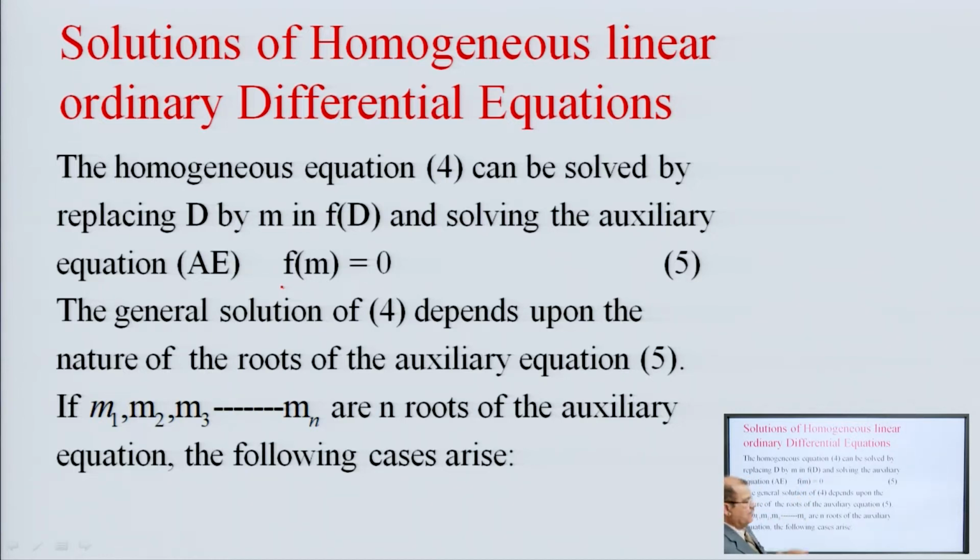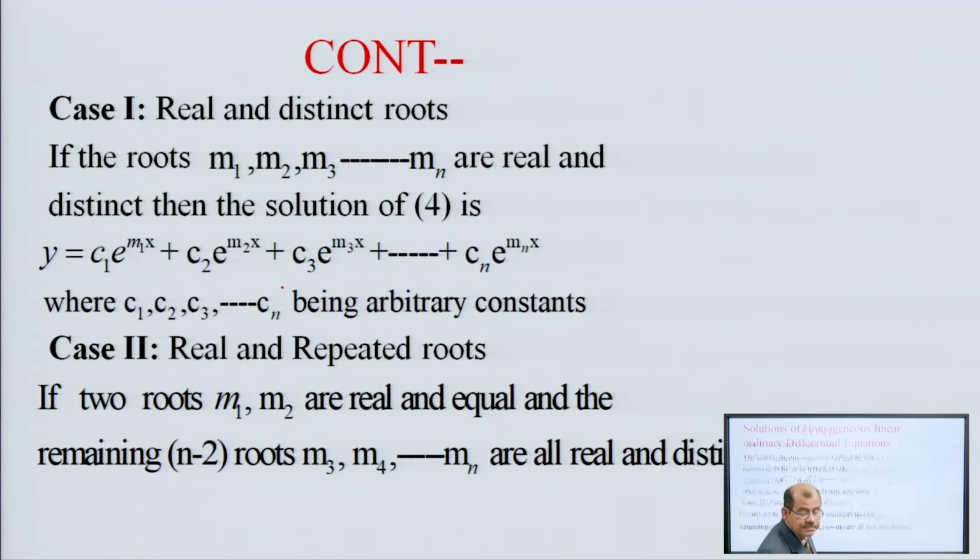The general solution of 4 depends upon the nature of the roots of the auxiliary equation 5. If m1, m2, m3 and so on mn are the n roots of the auxiliary equation, the following cases arise. First case, real and distinct roots.